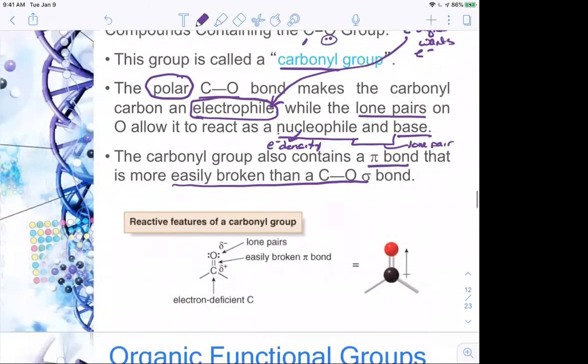So these reactive features, I have lone pairs, an easily broken pi bond, and an electron deficient, electrophilic, electron-loving carbon. It's very reactive. It has a permanent dipole. So when it interacts with another compound that has a carbonyl, I have dipole-dipole interactions. So there's a lot of chemistry just based on these simple functional groups.